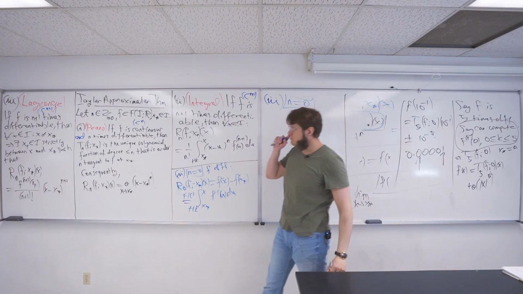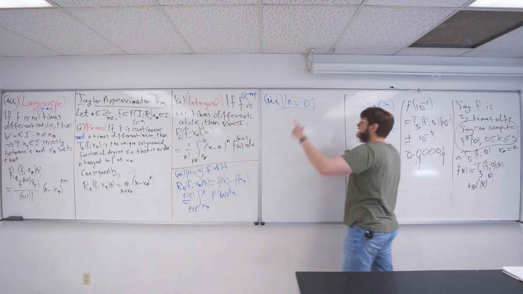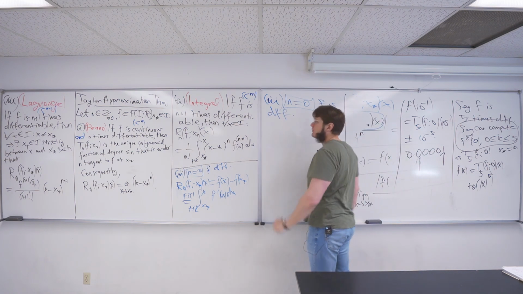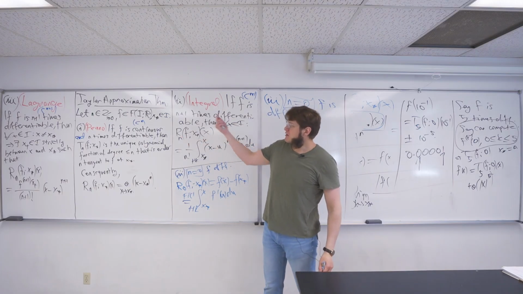In item 3, if n equals 0, that means that I require that f is differentiable. What does it say?